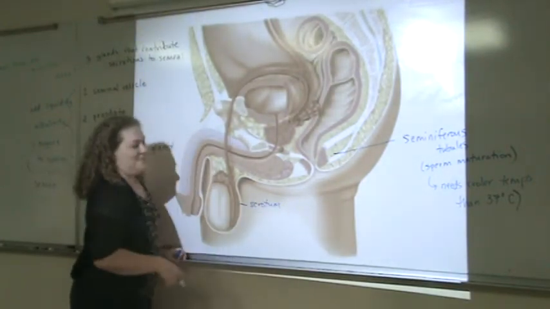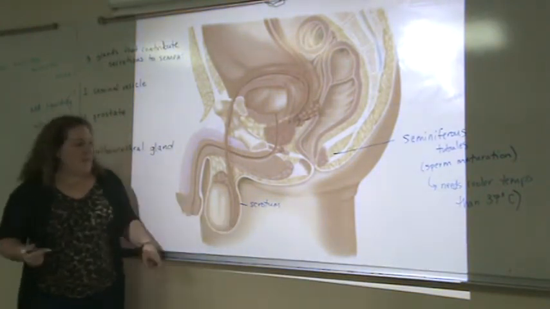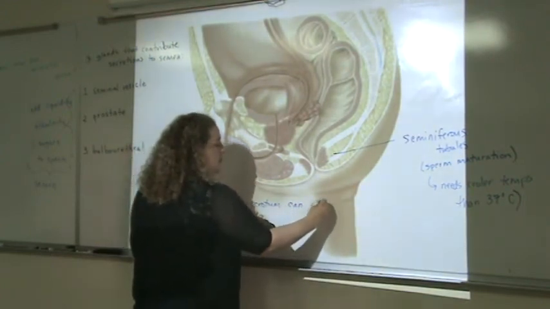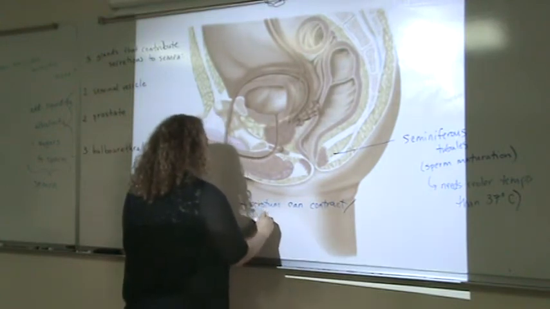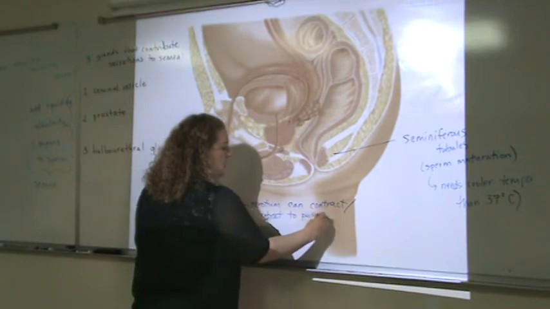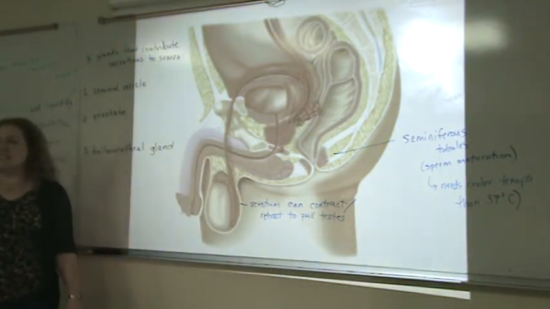Remember, scrotum is the sac that suspends the testicles. That's scrotum. Your scrotum, if you're male, if you have one, can contract or retract to pull the testes. So if you've got 2, they're called testes.